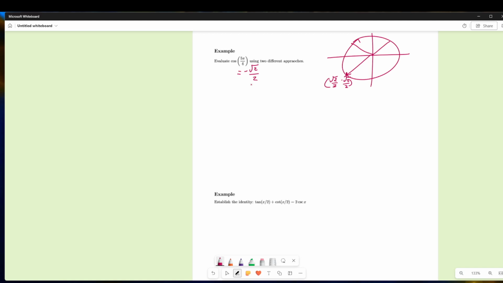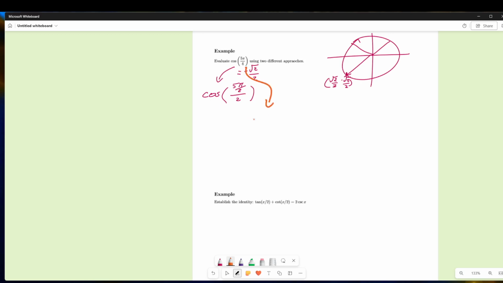But we could also turn this into any number of combinations of other things that we know. We could say this is the cosine of 5 pi over 2 over 2 and use a half angle formula if we wanted to. That's one option. It's probably not the best option, but it is an option.